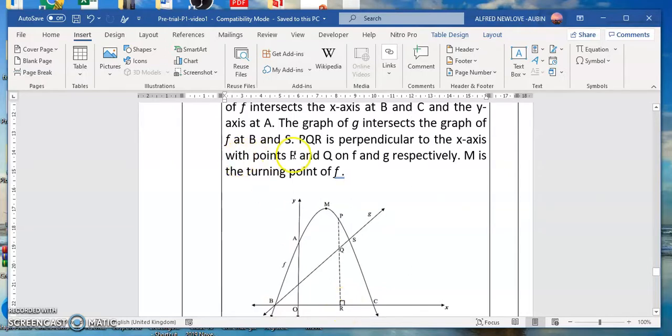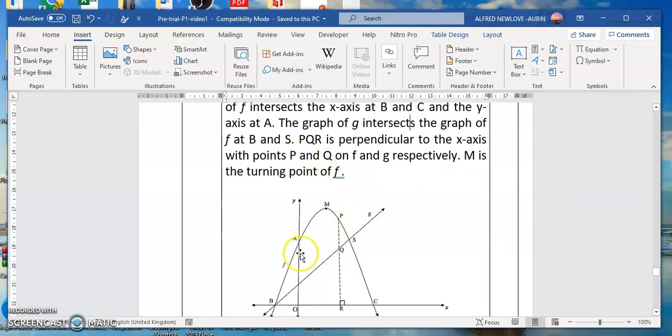With points P and Q on f and g respectively. So P is on f and Q is on g.